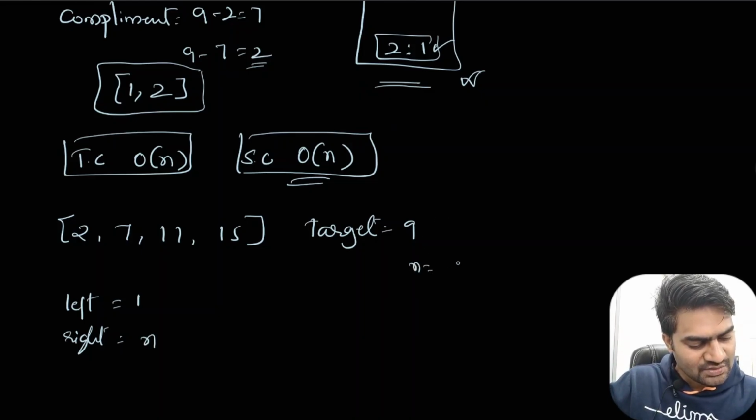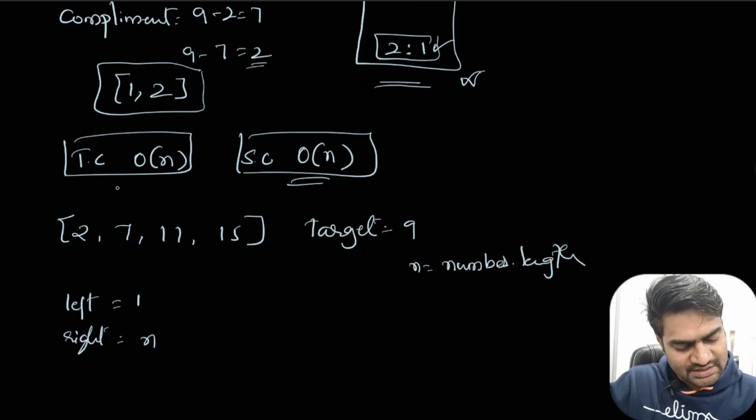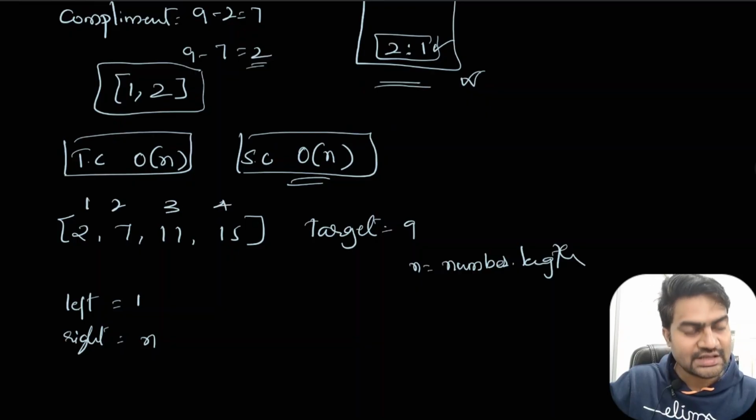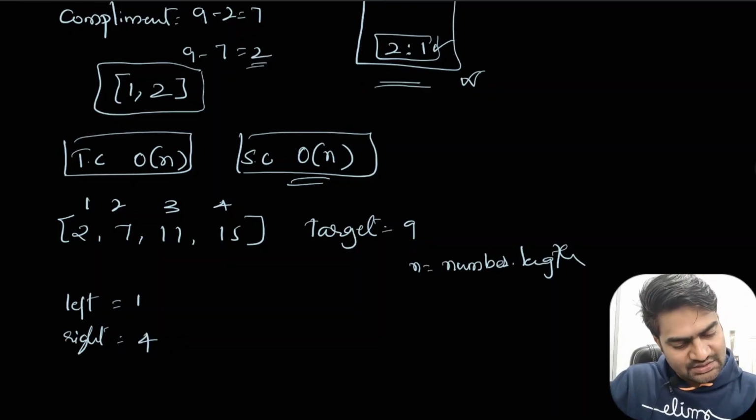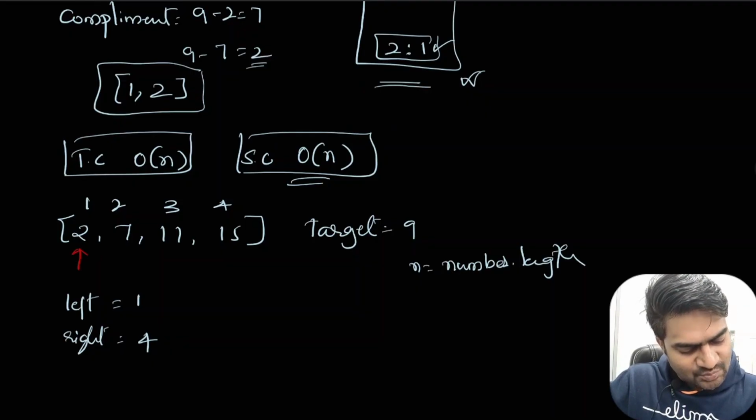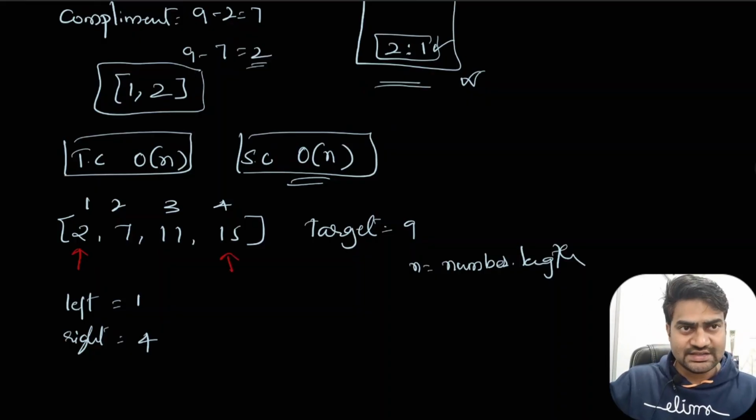So n equal to numbers dot length. So here it is 1, 2, 3, 4. These are the indexes. So instead of n, I will take 4. Okay. So now if you see, my pointers are pointing at these two values.